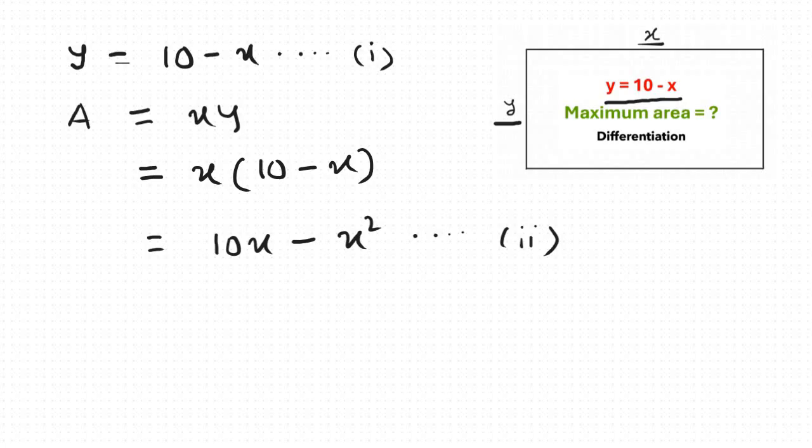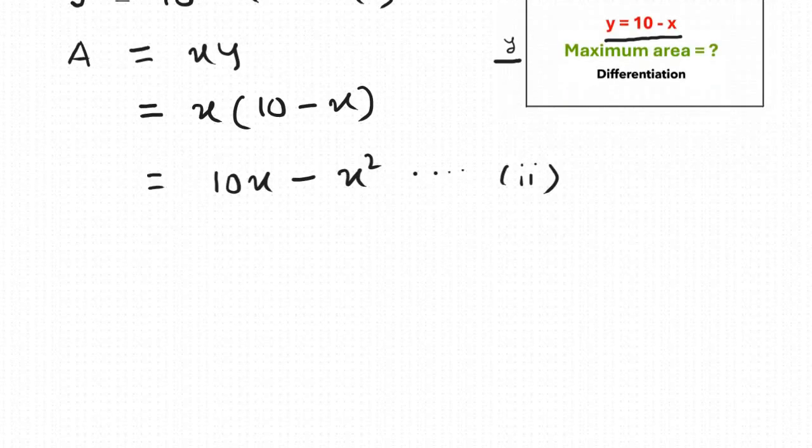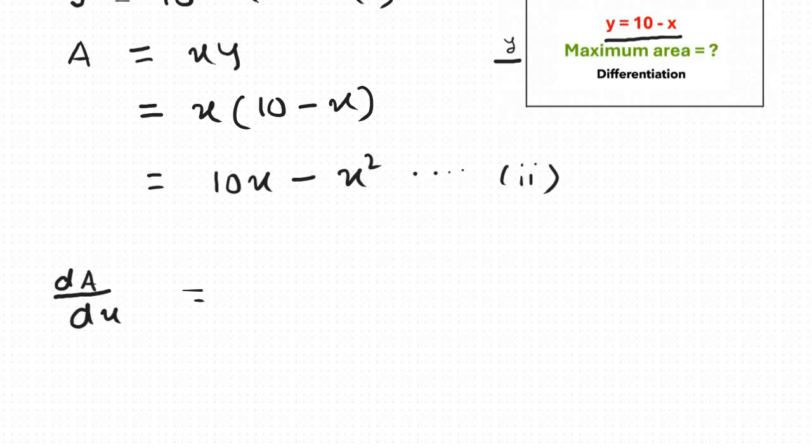To get the maximum area of the rectangle, we need to differentiate the area A with respect to x. So we get d/dx of A equals d/dx of the value of A from equation 2, which is 10x minus x square.